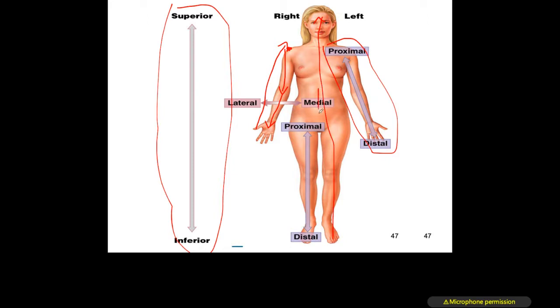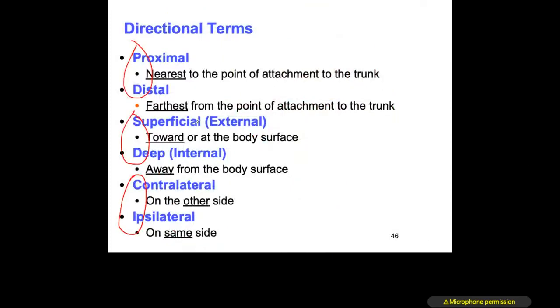Medial and lateral. Medial is midline. When you move away from it, you're moving laterally. So the pinky is the most medial, not middle, but medial finger, and as I move lateral to it, I can find the thumb. My nose is medial, my ears are lateral to it. Okay, what else did we have here? Superficial and deep.